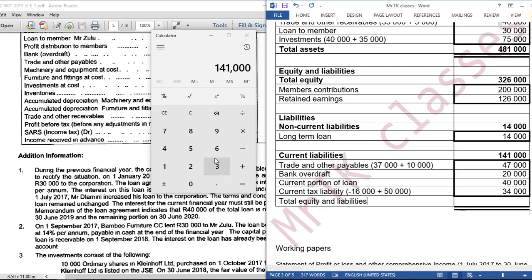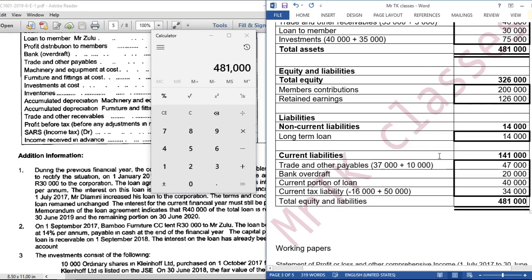We start here from our equity: 326,000 plus 14,000 plus 141,000. We are going to get 481,000.